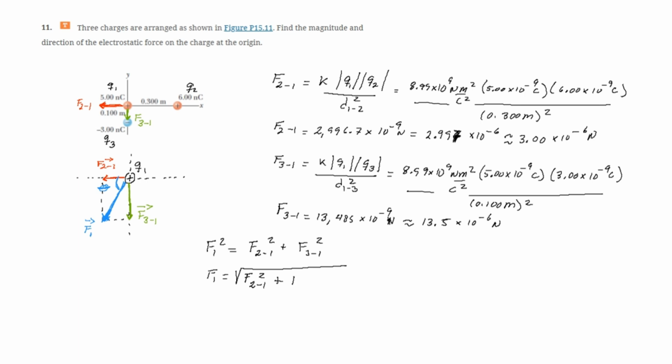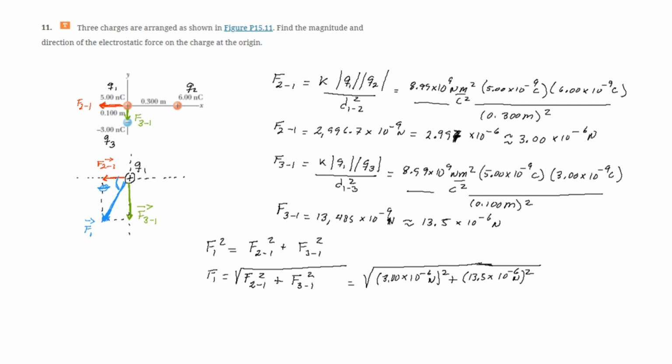So this would be the square root of 3.00 times 10 to the negative 6 newtons squared plus 13.5 times 10 to the negative 6 newtons squared.